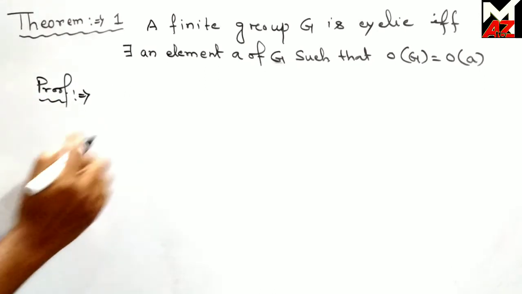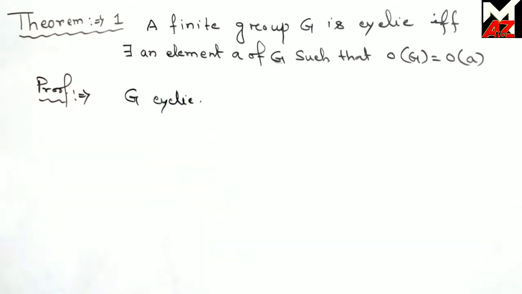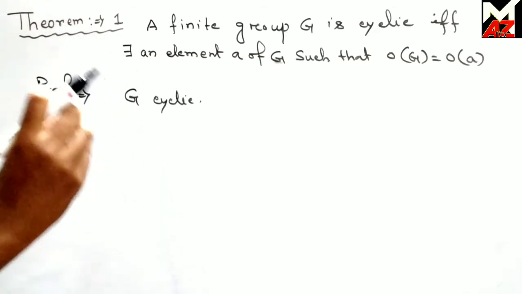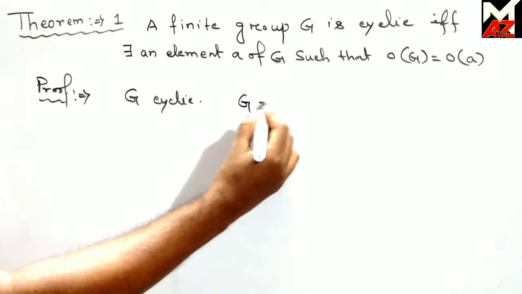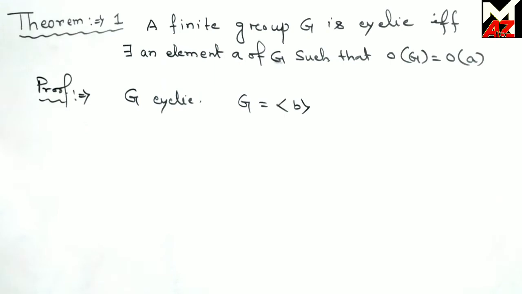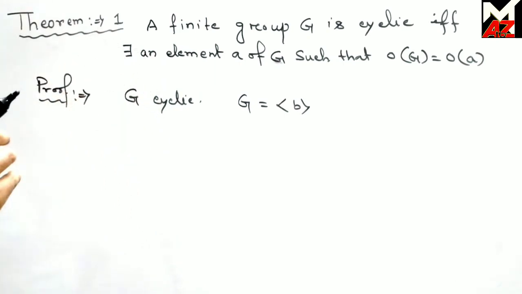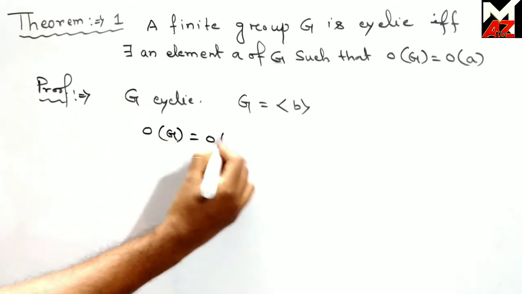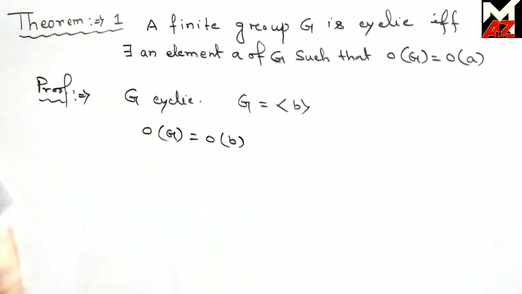If we take G is cyclic, then G must be generated by an element of G. Let G be generated by an element B of G. And we know that from the property of cyclic group, order of G and order of B, that is the order of the generator of G, are the same.